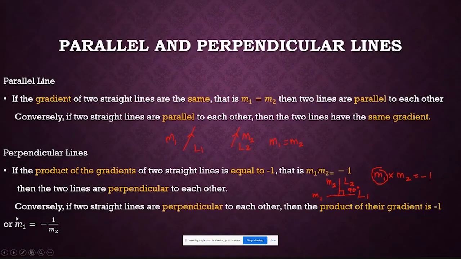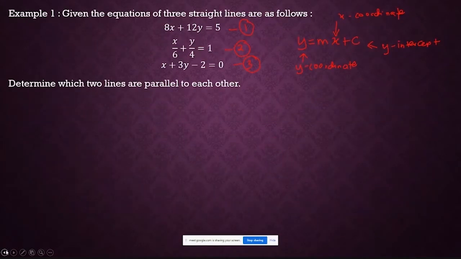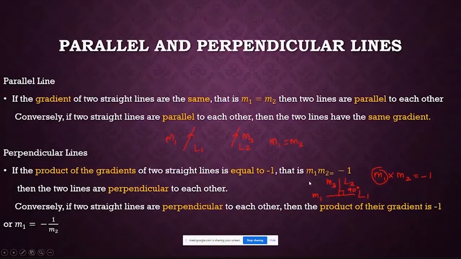So if you want to find M1 and you are given the value for M2, you can use this formula. It's from the original relation M1 times M2 equal to -1, which you can convert to this form: M1 equal to -1 over M2. M2 will be given in the questions.